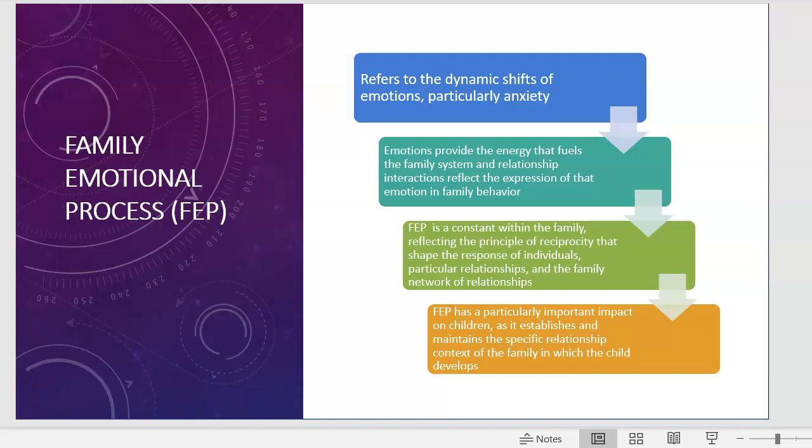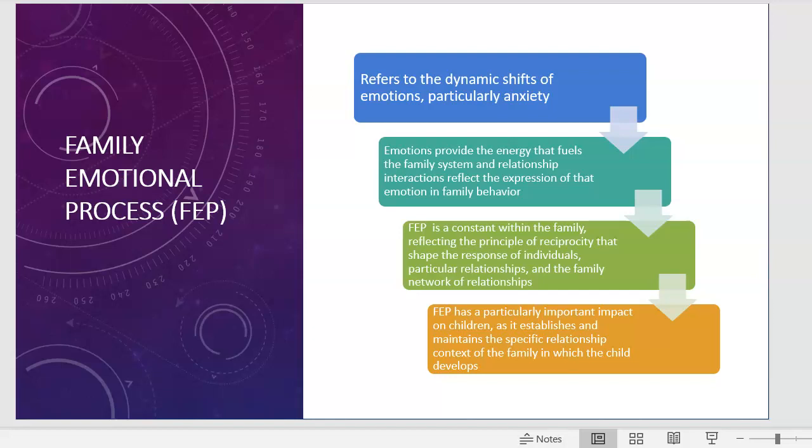This is another psychodynamic idea, and the idea is that there is an anxiety that is shared among the family system. Some family members may feel the anxiety more than others, but it's part of the whole family's emotional process.